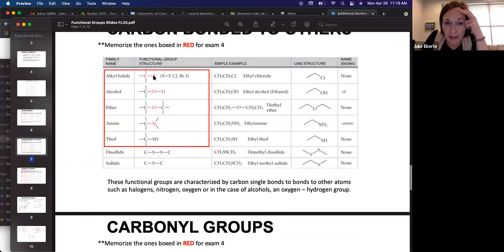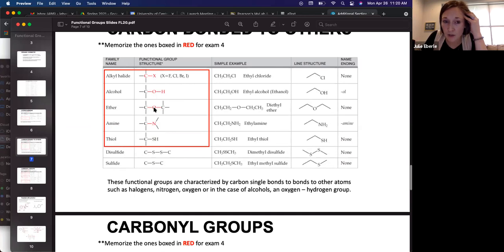Others, alkyl halides. Anytime you have a carbon bonded to a halogen, so for example, you would have this carbon here. Anytime you see a chlorine, fluorine, bromine, iodine, that's an alkyl halide. Alcohol is an OH group. Anytime you see a carbon bonded to an OH group, you call that an alcohol. An ether is a carbon-oxygen-carbon combination.